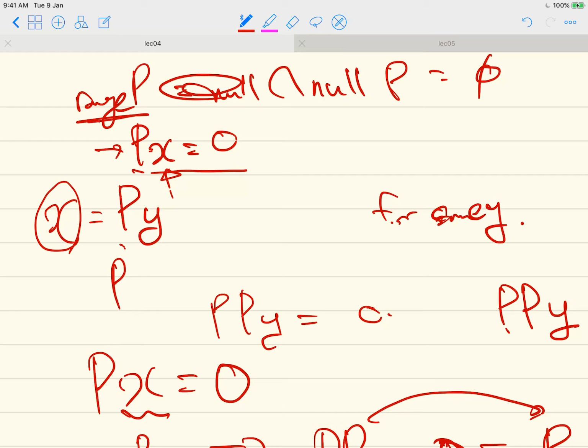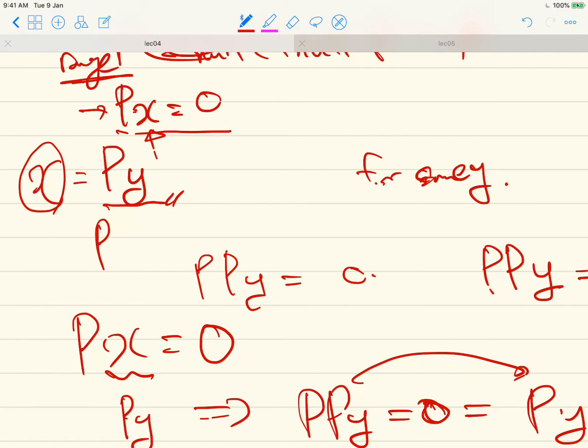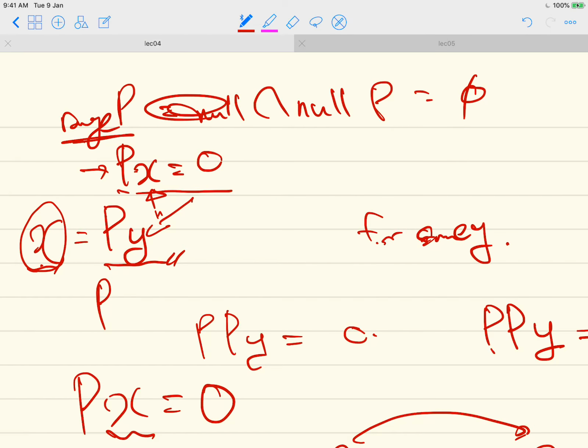So it should be represented as Py, which is a linear combination of the columns of P. And then y is some unknown, but there should exist such a vector y that satisfies this x. But isn't the y the x, since it's in the range? If x is in the range of P, then x equals P of x, right?